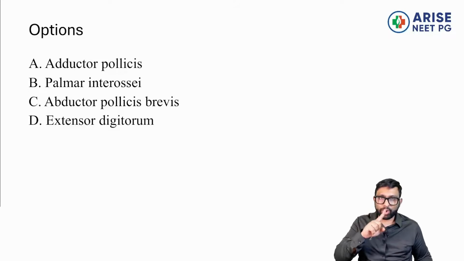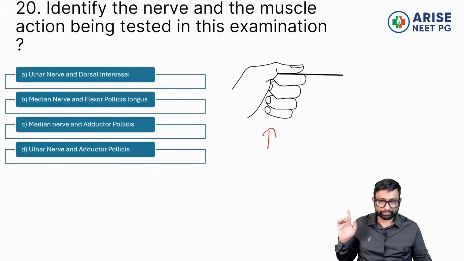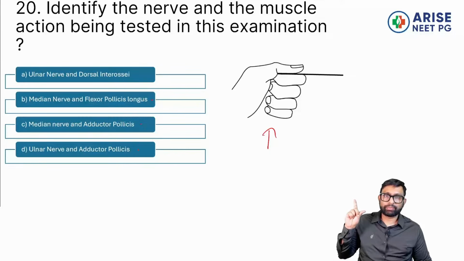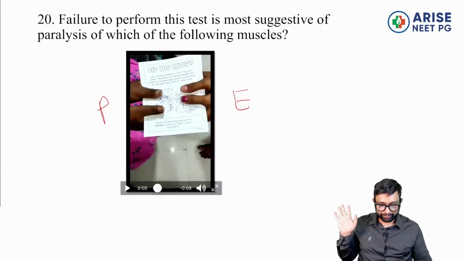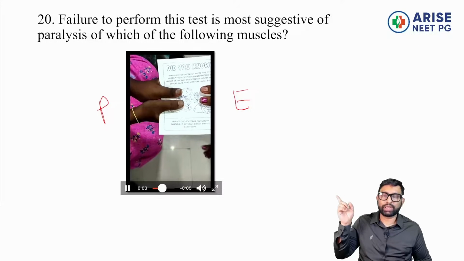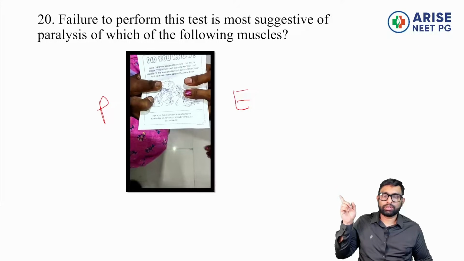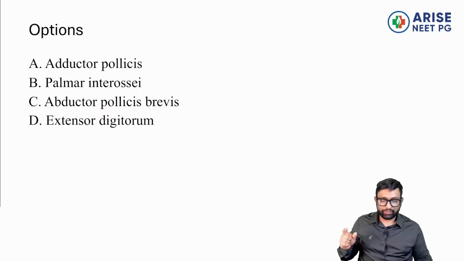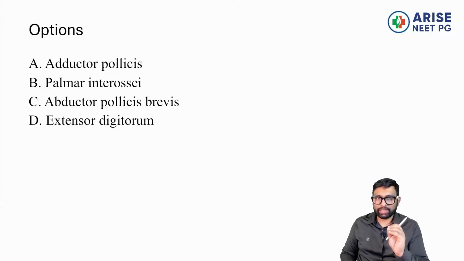I want you to pause and try to answer both questions. This is question 1, look at this image. Then this is your video. Here your question is, which muscle is paralyzed? Tell me the answers to both of these questions, put them up in the comment box. I will give you a minute to think.